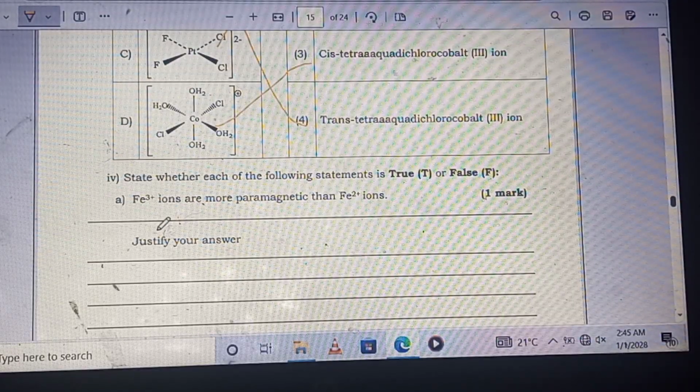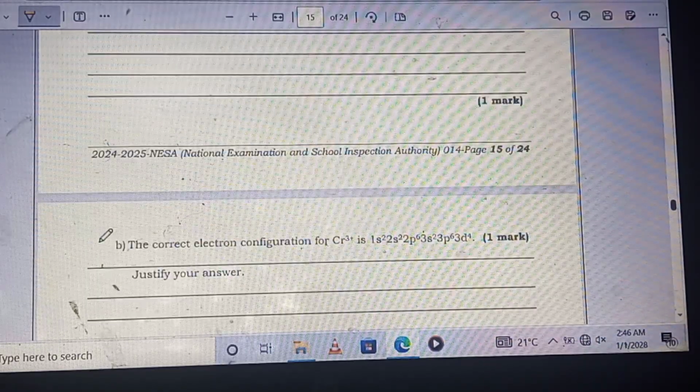I. Iron 3 ion is more paramagnetic than iron 2 ion. The correct answer is true because iron 3 ion has more unpaired electrons that lead to more paramagnetism. B. The correct electron configuration for chromium is this one.